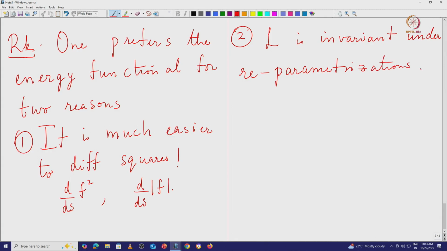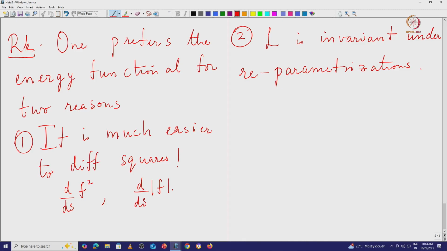Whenever you are doing a variational method, if you have a functional that is invariant under a certain class of objects or operations, then that variational problem somehow becomes slightly trickier.